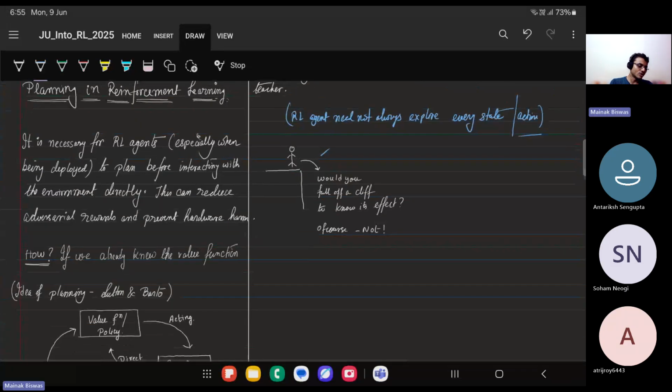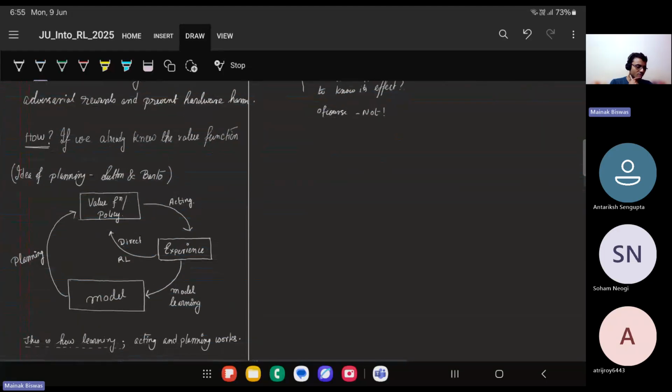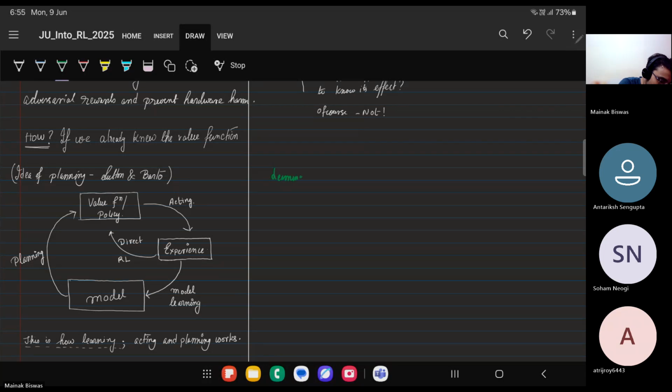The first thing we'll be doing is called planning, and we'll be doing it based on an algorithm called Dyna, proposed by Sutton and Barto. So look at this diagram that I have on the left. Learning from the value function directly is called direct or active RL.